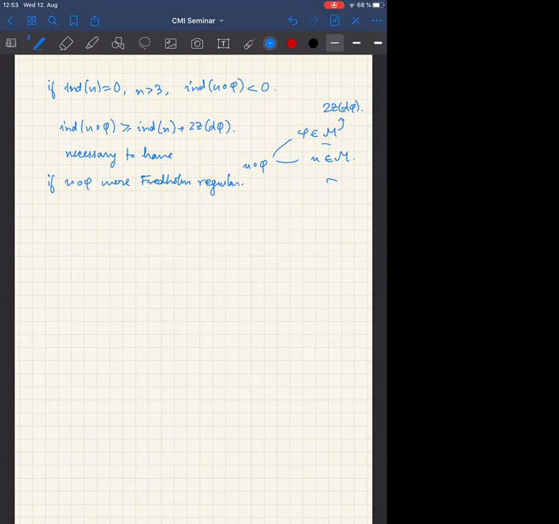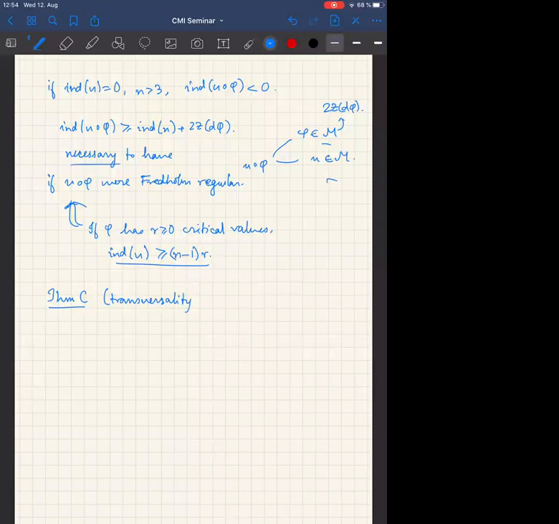One of the ways in which we can have that is if, say, phi has R critical values, and the index of u is greater than or equal to n minus 1 times R; then we would have this condition. Theorem C of the paper says that this condition is in some sense sufficient. It was necessary for us to have this condition; this condition implies this condition.